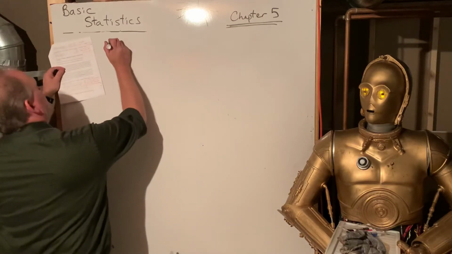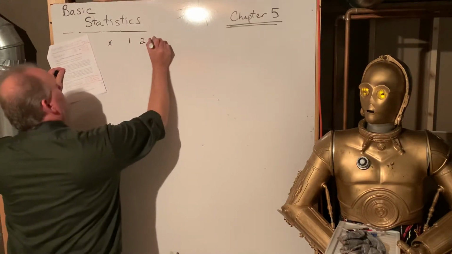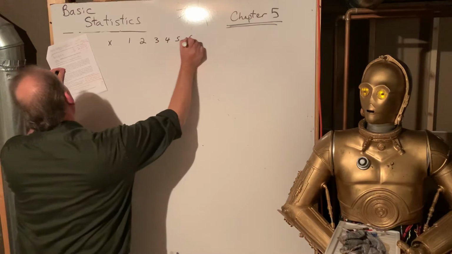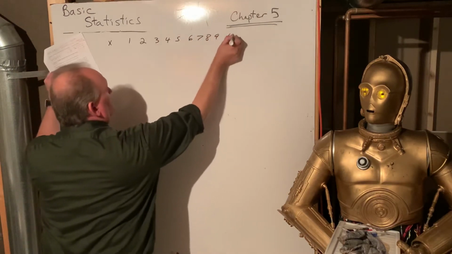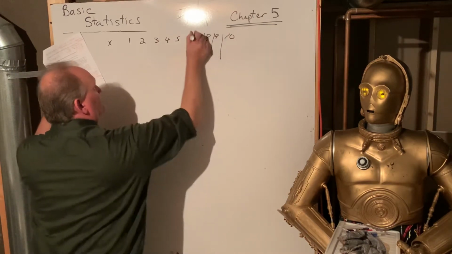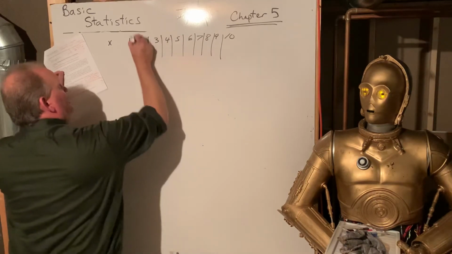We've got X is 1, 2, 3, 4, 5, 6, 7, 8, 9, 10.